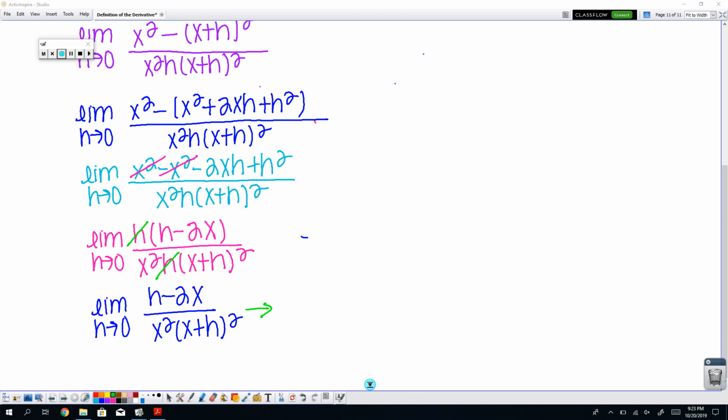Okay? So we get 0 minus 2x over x squared times x plus 0 squared, which simplifies to negative 2x over x to the 4th, which simplifies to negative 2 over x cubed.